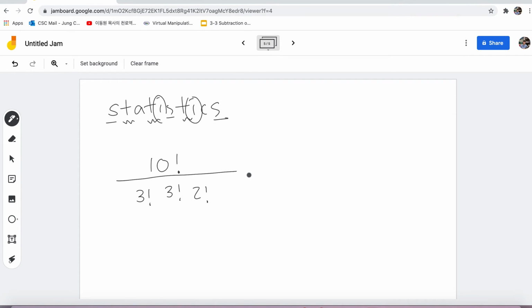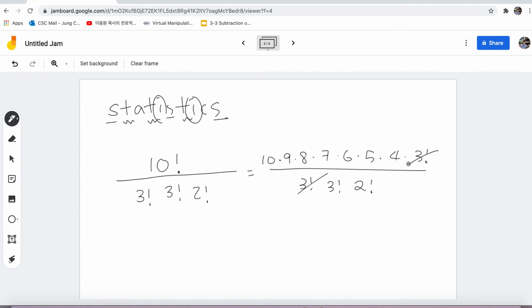So this is the exact number of ways of arranging these letters. You can have 10 factorial, 10 times, 9 times, 8 times, 7 times, 6 times, 5 times, 4 times. I will stop here at 3 factorial, because I can cancel one of these 3 factorials.